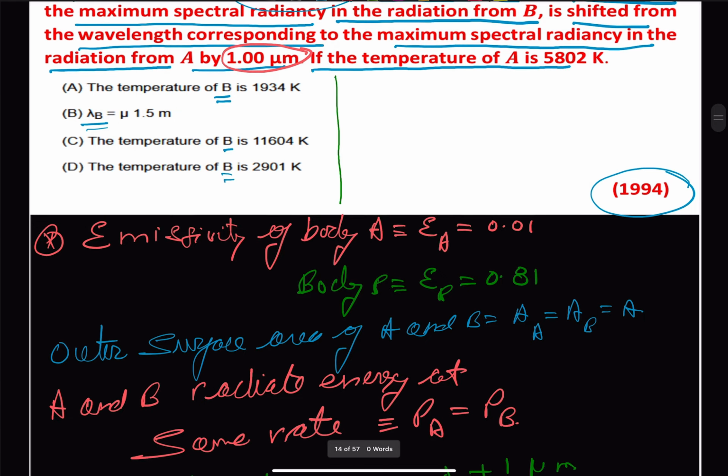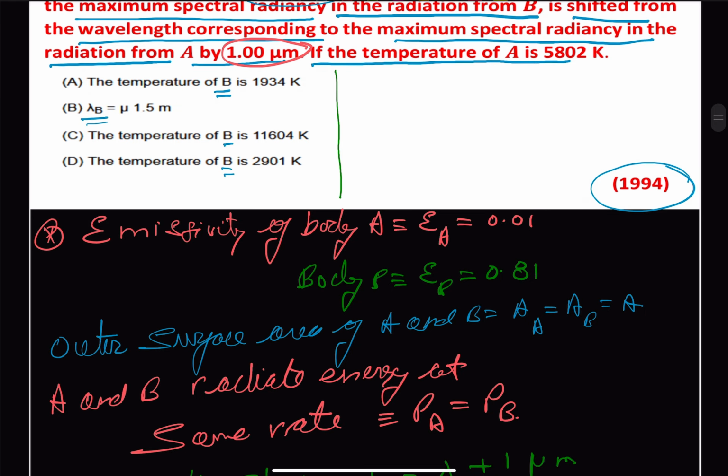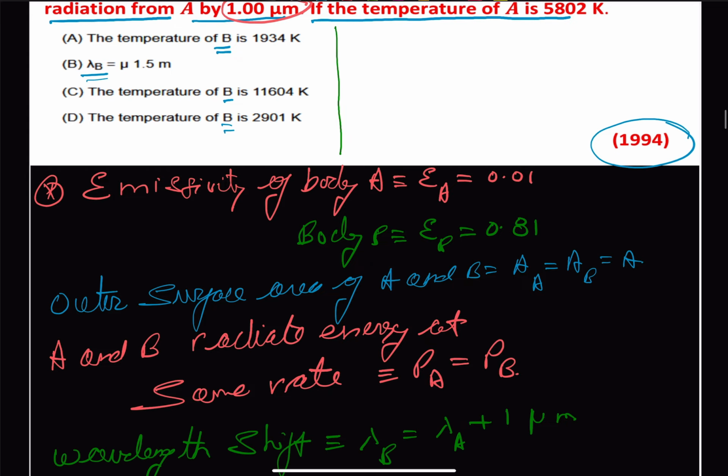So we have to find the temperature of B, as well as lambda B, in micrometers. Okay. So here we can use Wien's displacement law, which relates the wavelength of maximum spectral radiance to the temperature.